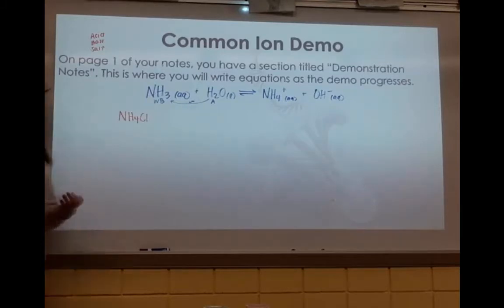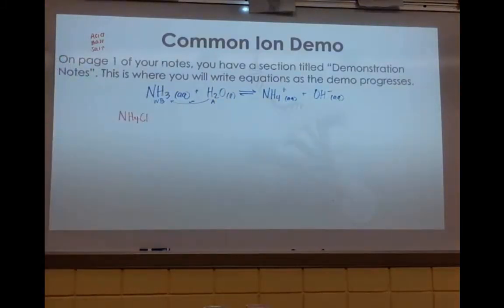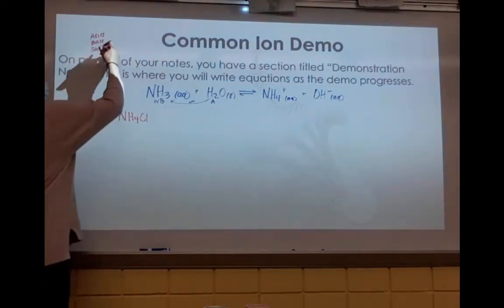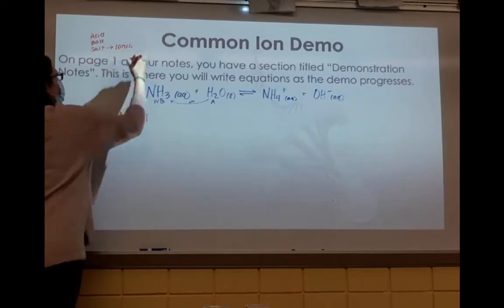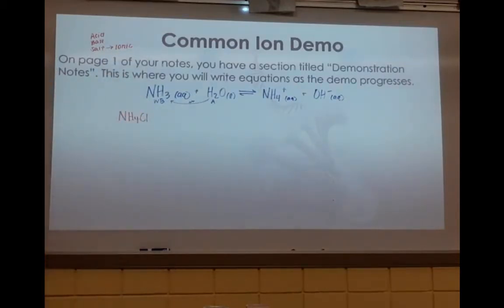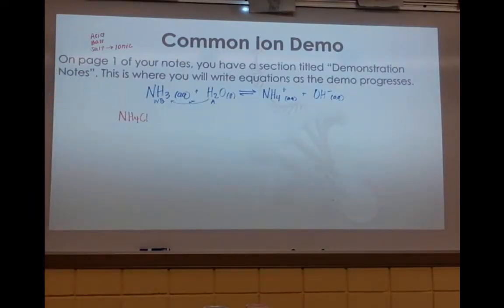Most bases end in hydroxide, but not all of them, right? We've seen that NH3 doesn't end in hydroxide. A salt, though, is an ionic substance. It needs a metal and a nonmetal, or it needs polyatomic ions. A salt is a cation and an anion together.